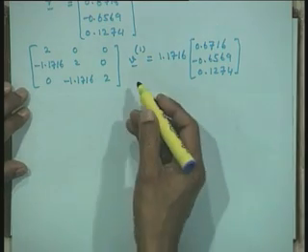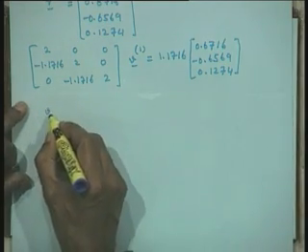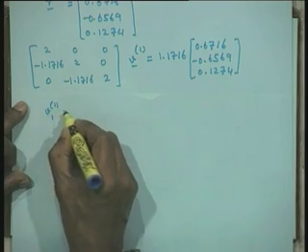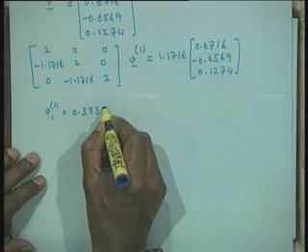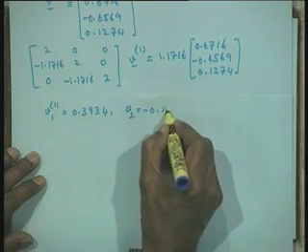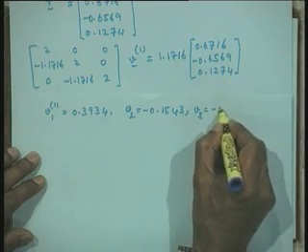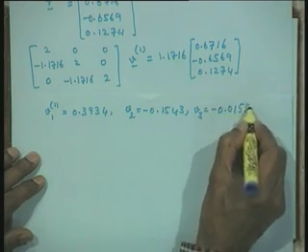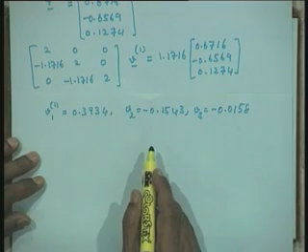Now we have to solve this equation again by forward substitution, and I get the solution of this as V1 1, that is at this stage it is V1 1, 0.3934, I get V2 is minus 0.1543, V3 is minus 0.0158. That is from the computation of this value again by forward substitution.